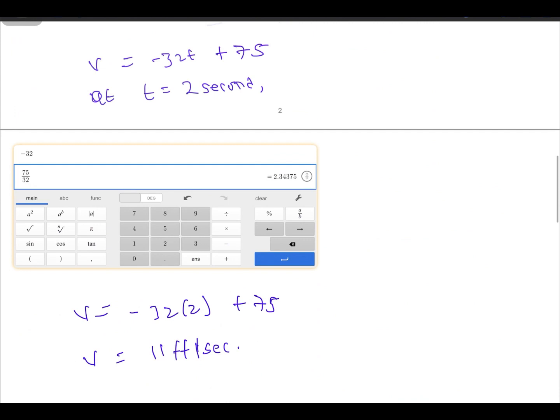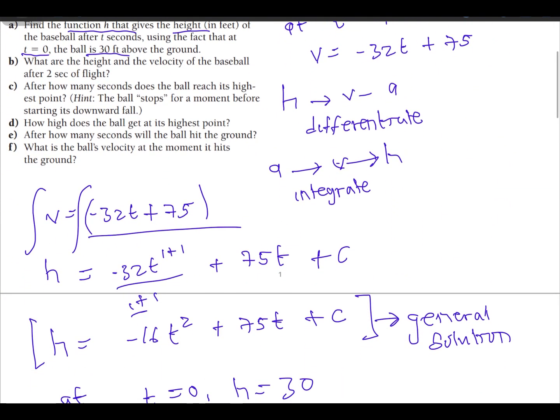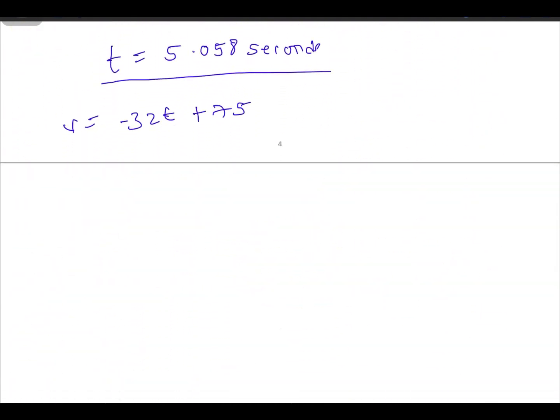And therefore, as the question said, at the moment it hits the ground, what is the ball's velocity? At the moment it hits the ground, the initial velocity is 0, but it has a final velocity, and therefore my v equals negative 32t multiplied by 5.058, the time it took for the ball to hit the ground, plus 75.